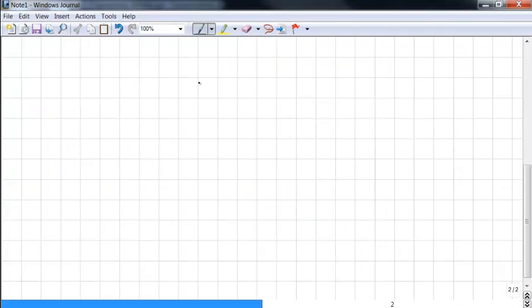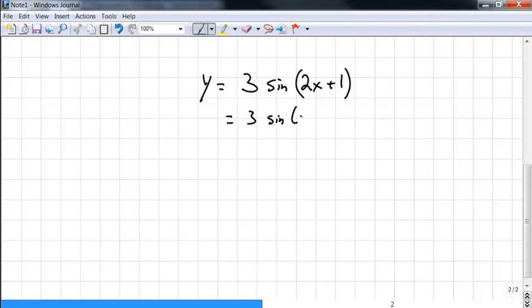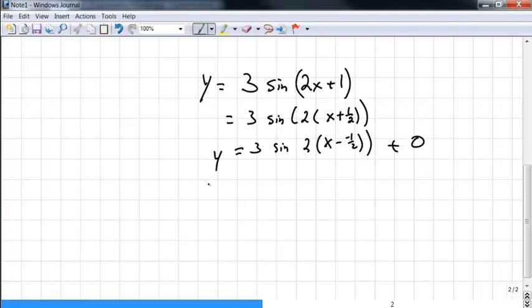So let's suppose we wanted to graph y equals 3 sine of 2x plus 1. Okay, well, the first thing to notice is we need to factor the 2 out of this. And you want to think of it as x minus a negative 1/2, and if you want, plus 0.